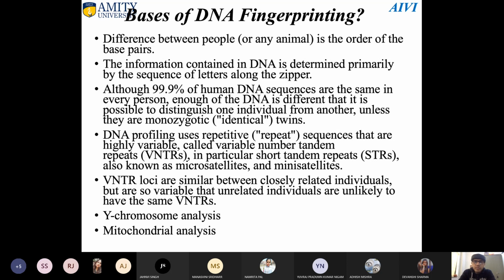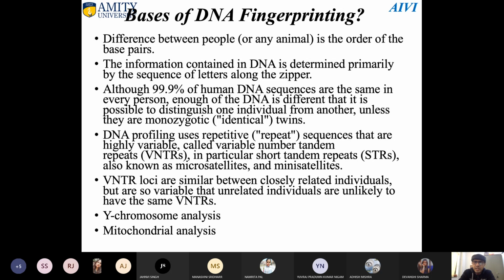But how much is the difference going to be? If you compare the genome of all individuals, you will find that 99.9% of human DNA sequence is the same. Simply, in this group, you are 22 students and I am the 23rd, so in our total group of 23, if you compare our genome, you will find that it is 99.9% identical.